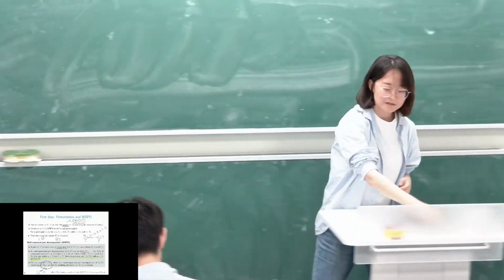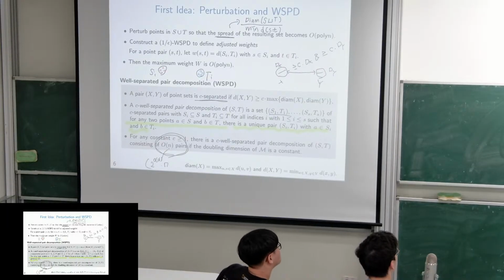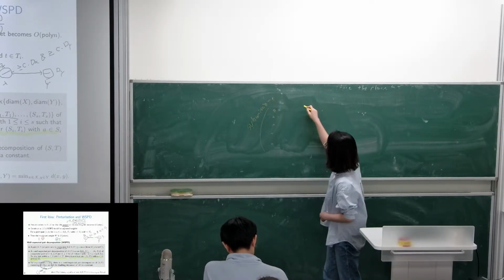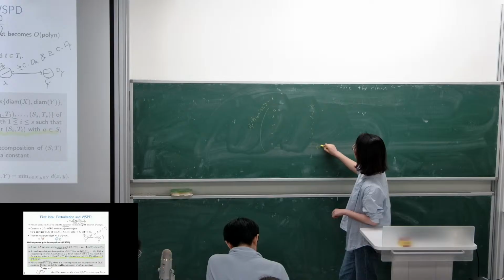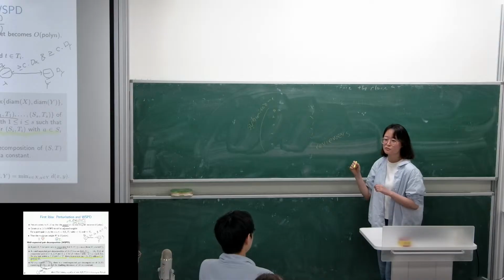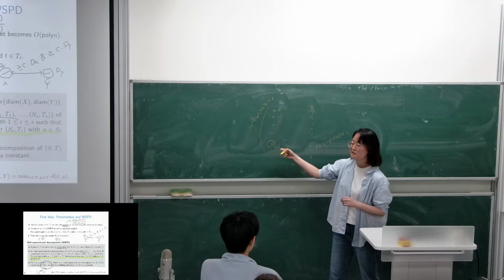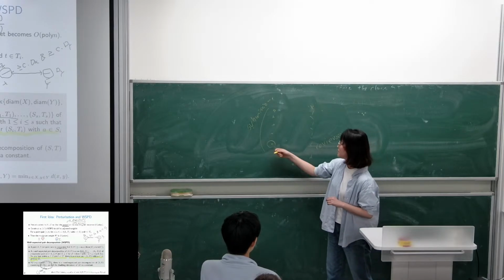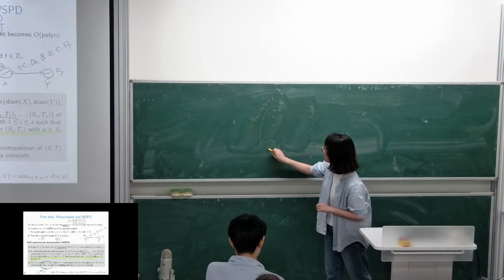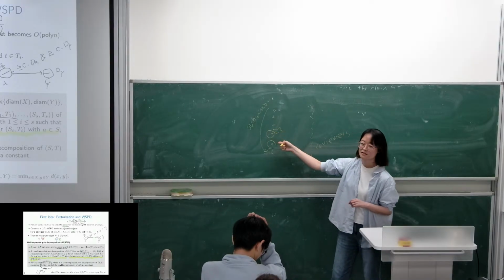In fact, our original problem was this. We are given a set of papers, submissions, and we are given a set of reviewers. We want to assign papers to reviewers. This is a very simple paper, so it requires only 2 reviewers, so we need at least 2 reviewers. And for this paper, we need 3 reviewers and so on.